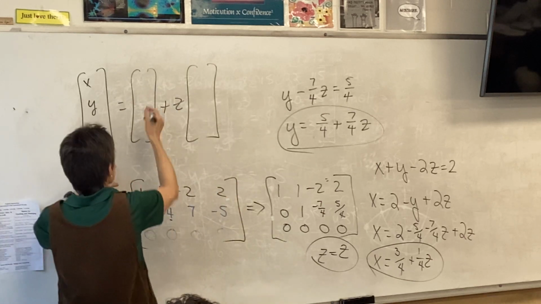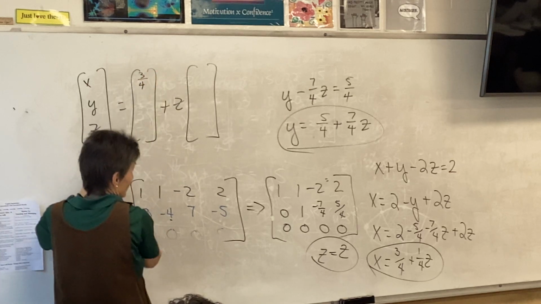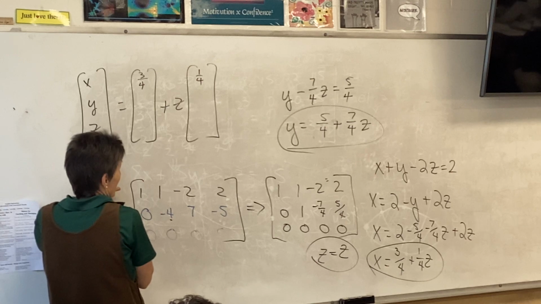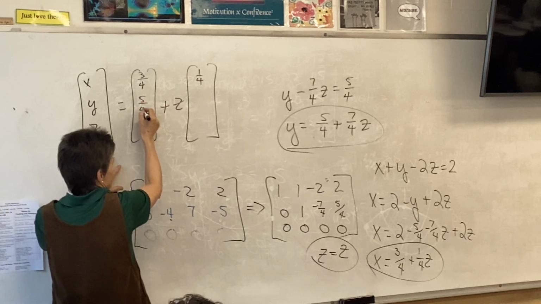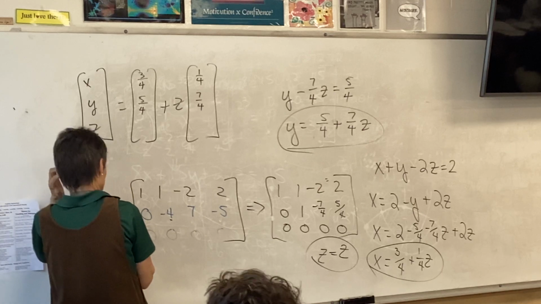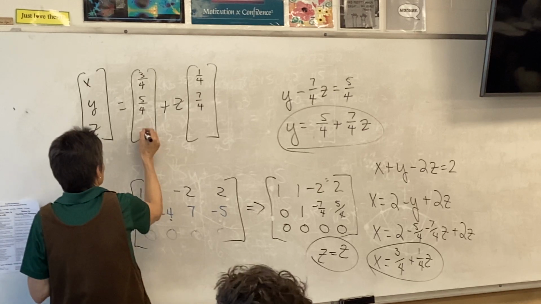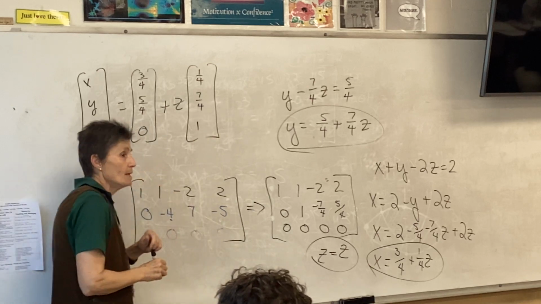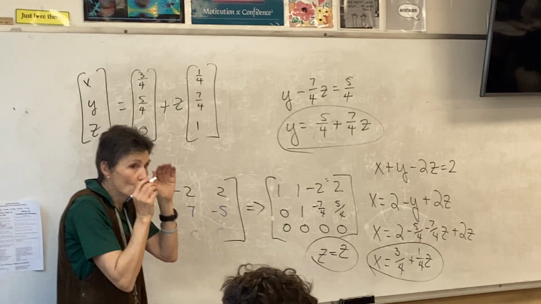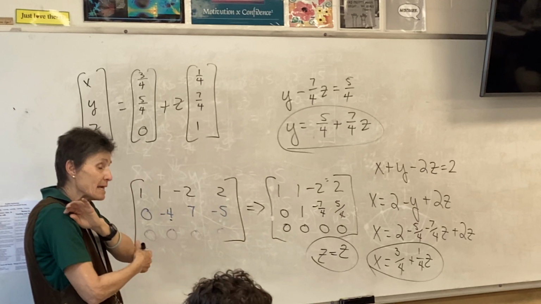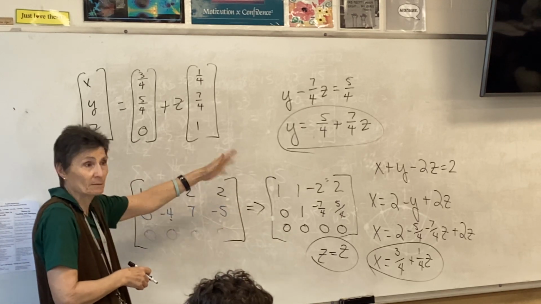Okay, x is 3 fourths plus 1 fourth z. Y is 5 fourths plus 7 fourths z. And what's z? 0 plus 1 z. Now, normally, every other problem that we have done by hand, you need to be able to deal with this.